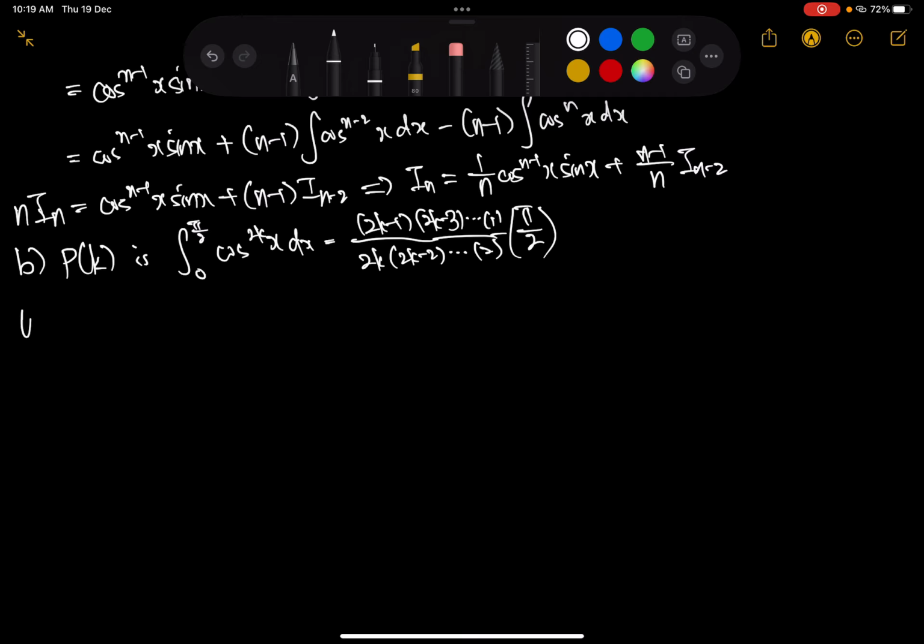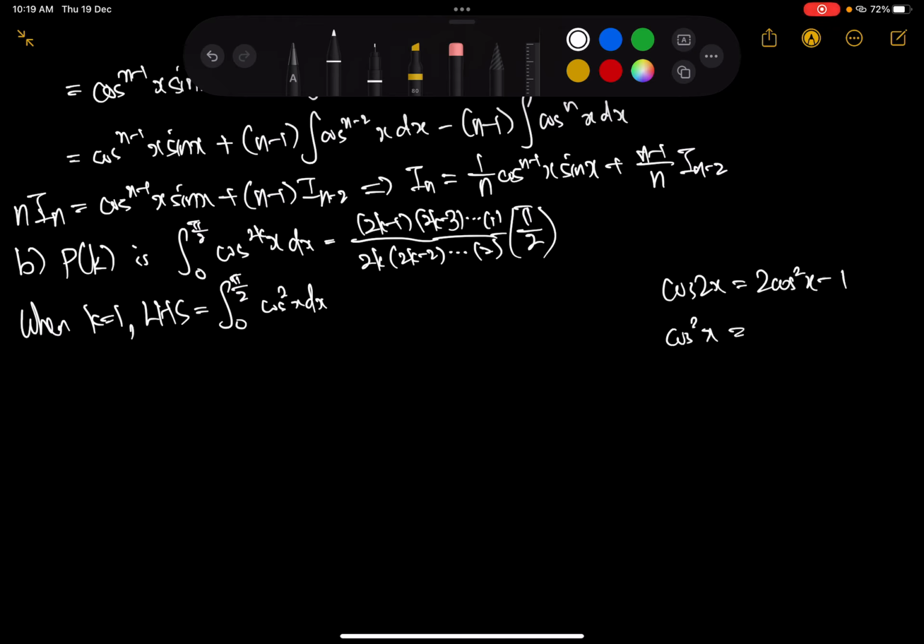So let's say when k equals 1, left hand side is the integral from 0 to pi over 2 of cosine squared of x dx, and we all know we have to use this baby right here. So we have cosine squared x is 1 plus cosine of 2x over 2, which means we have x over 2 plus 1 over 4 sine of 2x from 0 to pi over 2.